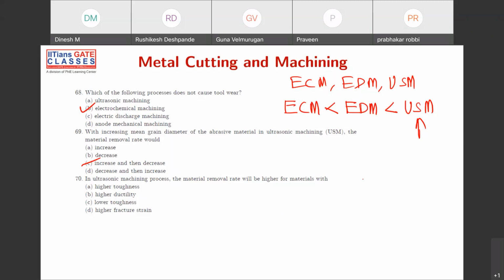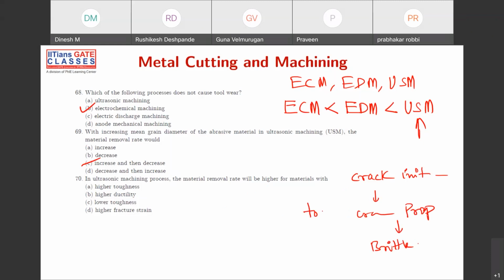In this, how is the material removal rate happening? Material removal rate is happening because of cracks. First crack initiation, then crack propagation, and then brittle fracture. Fine.